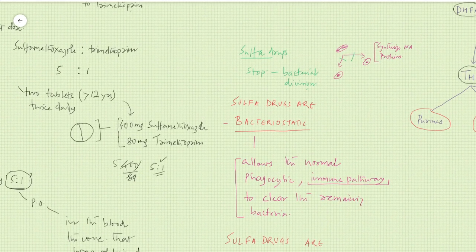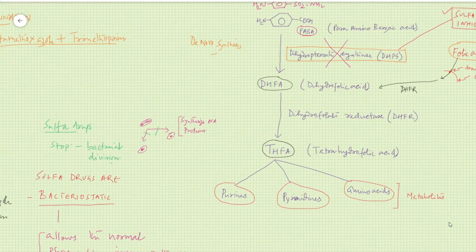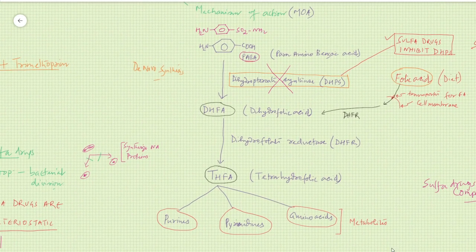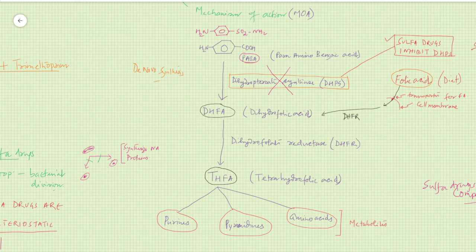Okay, for which we need to look at this diagram again. So we said that sulfur drugs inhibit dihydropteroate synthase. Now, trimethoprim inhibits dihydrofolate reductase.